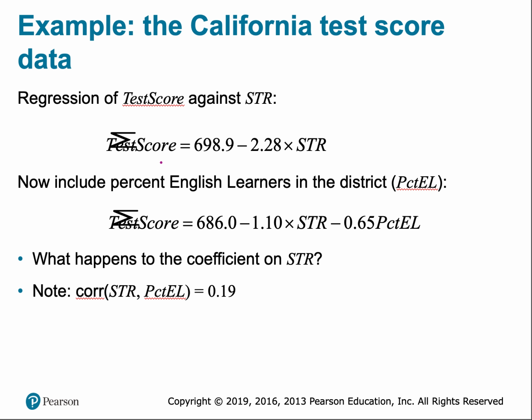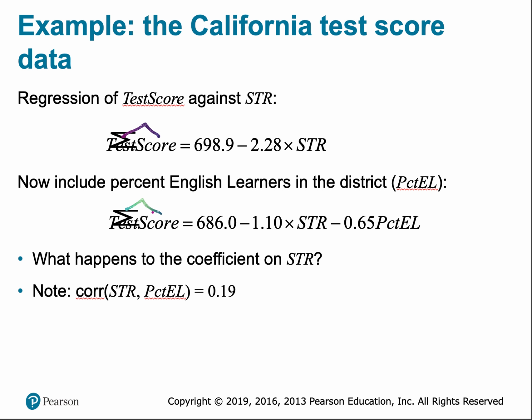You should be seeing hats here. PowerPoint has problems. Those are hats. The predicted value of test score in the univariate case is 698 minus 2.28 times the student-to-teacher ratio.